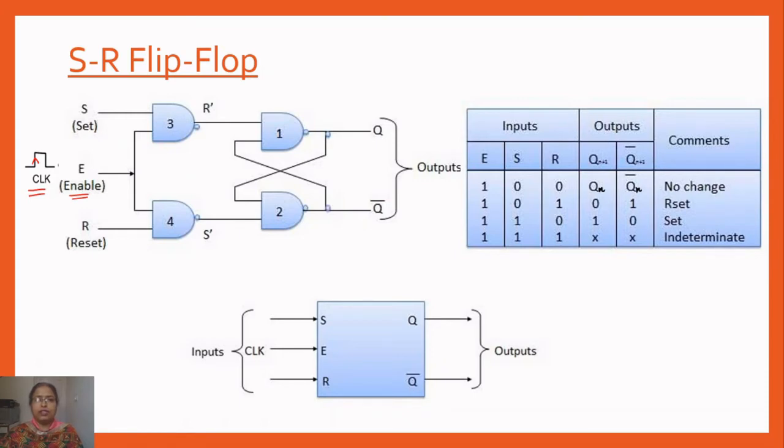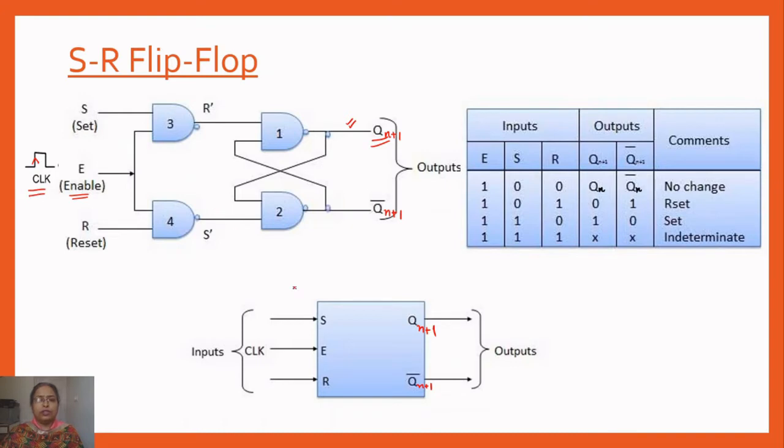Similarly, you can see the inputs S and R are given at gates 3 and 4, and the outputs from the 3 and 4 NAND gates are given to the 1 and 2 NAND gates. The final output is fed back to gates 2 and 1. This is the normal output of the flip-flop, that is Qn plus 1, and this is Q bar n plus 1, the complemented output, right?